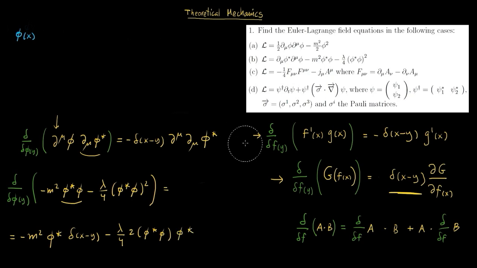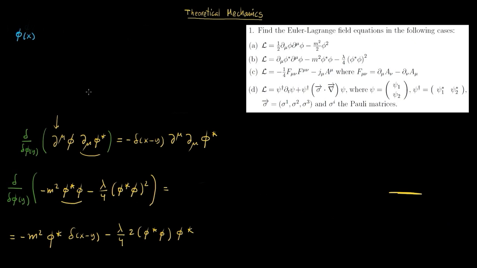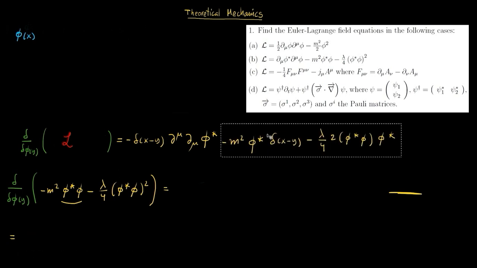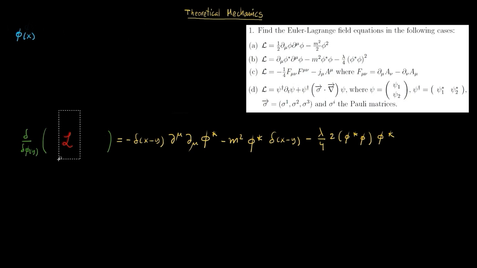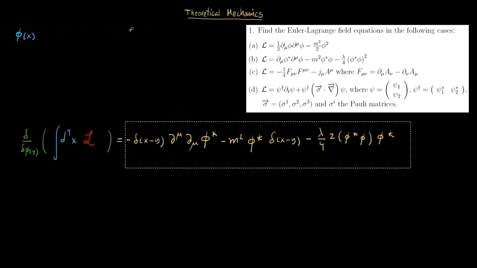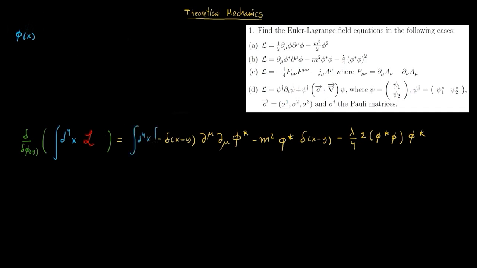So let's hide the properties, and then the functional derivative of the Lagrangian density will be all this. And if you want to compute the functional derivative of the action, then you must integrate this, and then putting the integral here, we have this. Sorry, there is a Dirac's delta missing here, sorry.